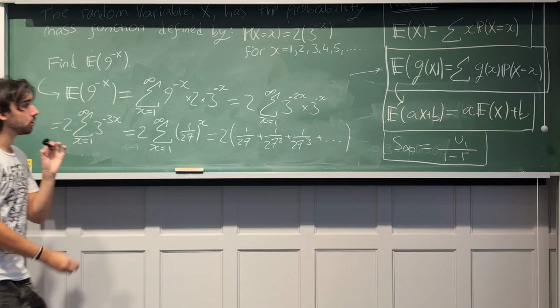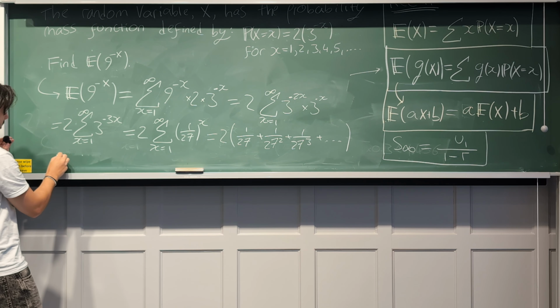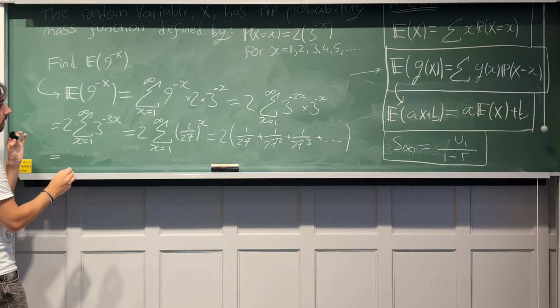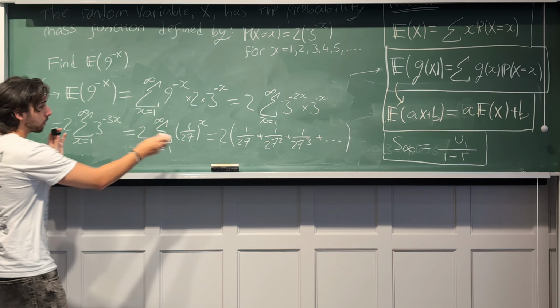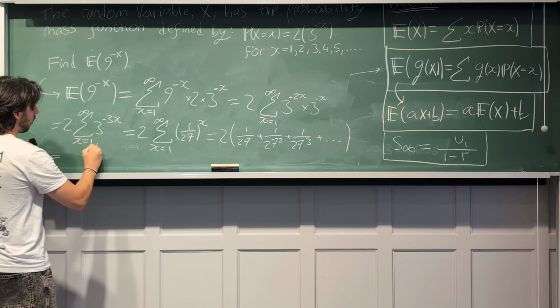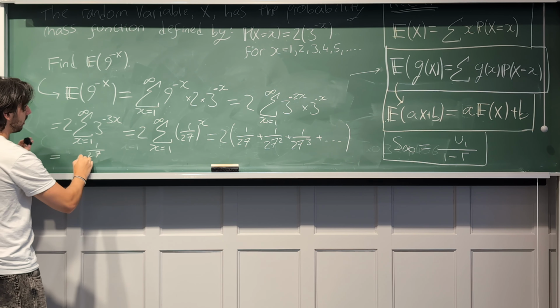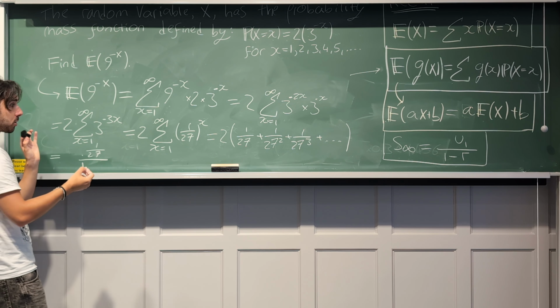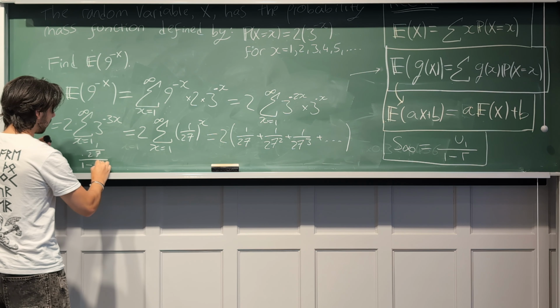Okay. So again, using the sum to infinity formula, I'll just about got space here to squeeze it in. Using the sum to infinity formula, the first term here, I'm going to ignore the 2 for now. The first term is 1 over 27. So 1 over 27. And we're dividing by 1 minus, and the common ratio is also 1 over 27. There we go.